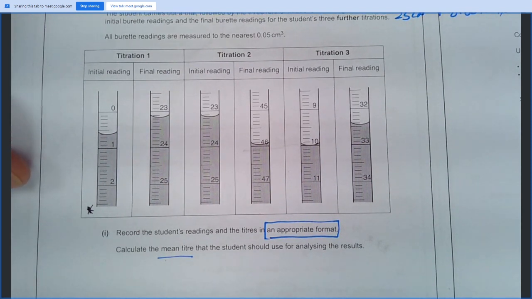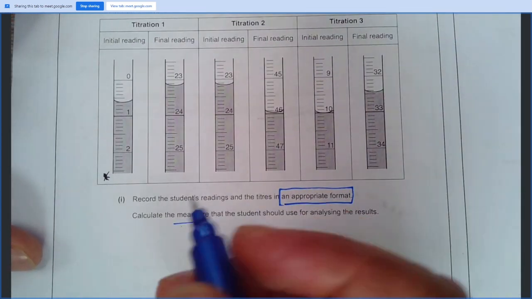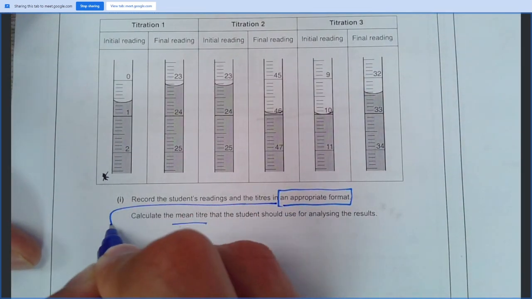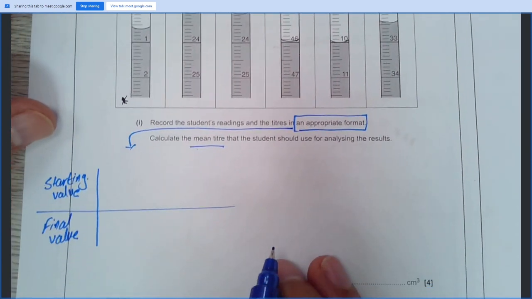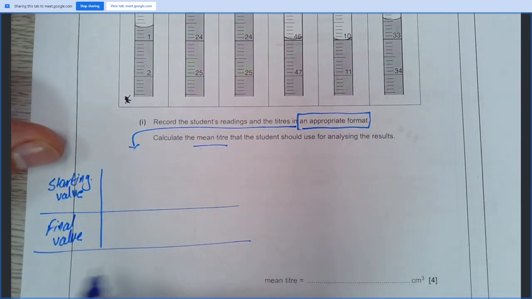We made separate categories of them. Yes, that's what this appropriate format means. We'll go starting value and final value. And if I take the difference of the two, that will give me the volume.